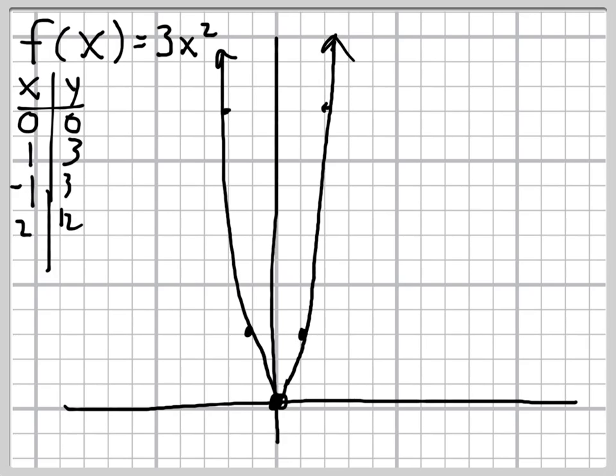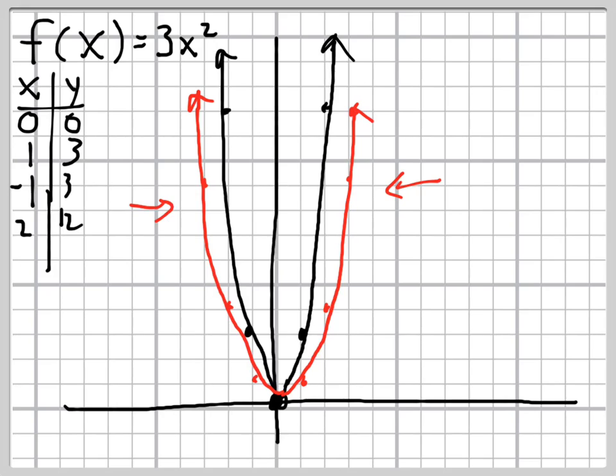I'll put the parent function here, y equals x squared, goes through 1, 1, 2, 4, 3, 9, and negative 1, 1, negative 2, 4, negative 3, 9. So this would have been just x squared by itself. You see how that 3 actually ended up making it steeper? It kind of shrunk it in this way, if you will. Or as I like to think, it's just going up faster.